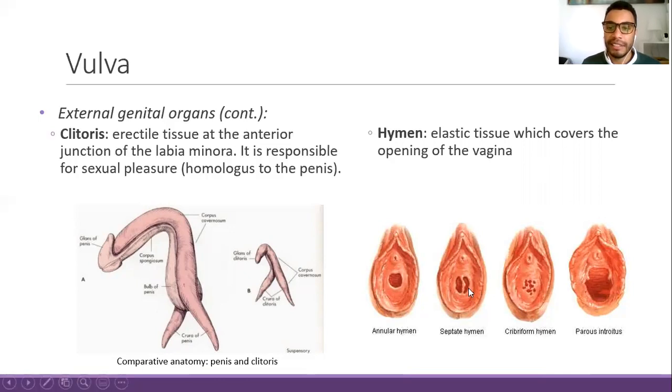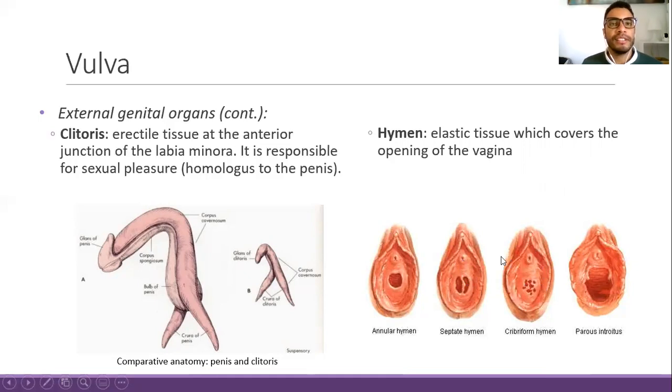This hymen here can be ruptured, and then the septum that you see here can be ruptured after normal sexual intercourse or even masturbation. But only in the worst cases, surgery can be indicated in these cases here.